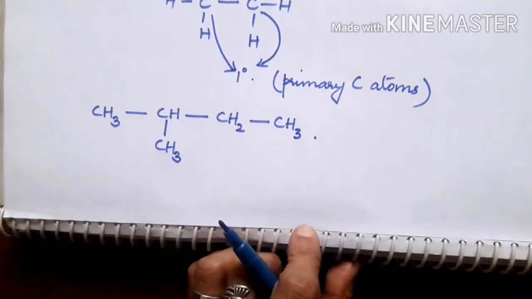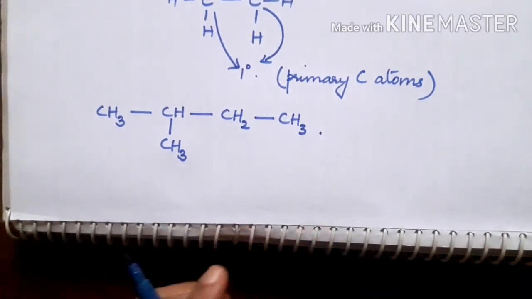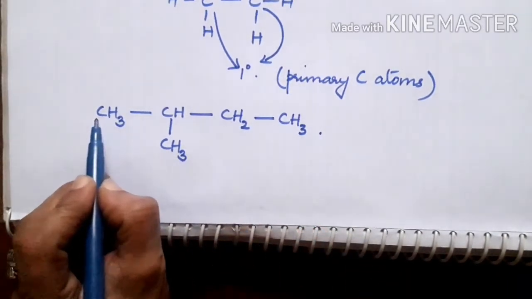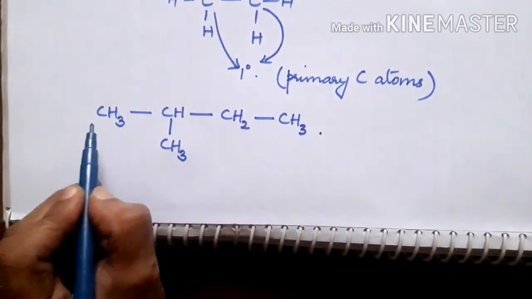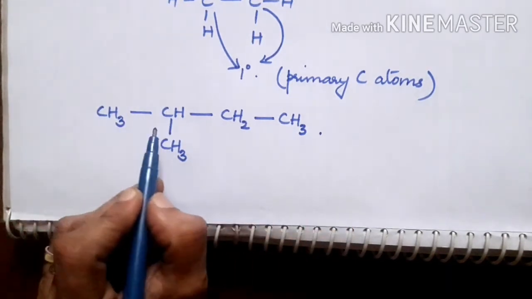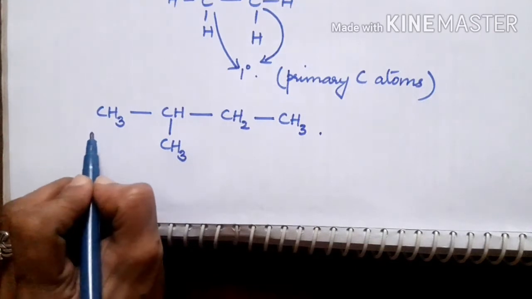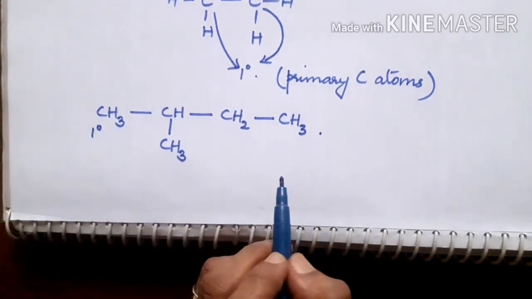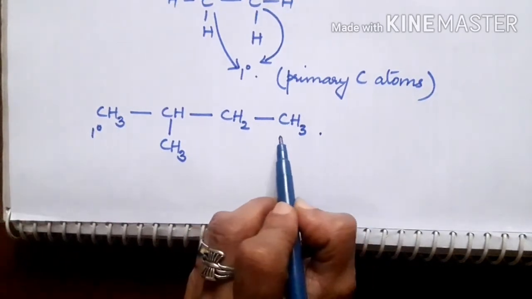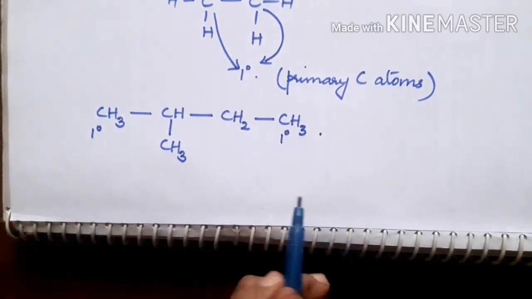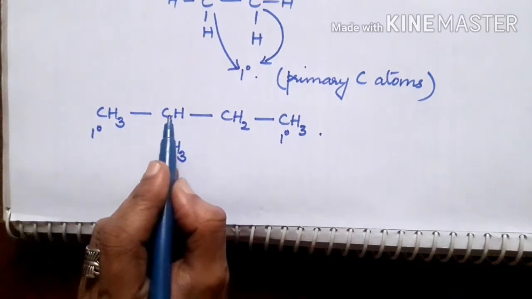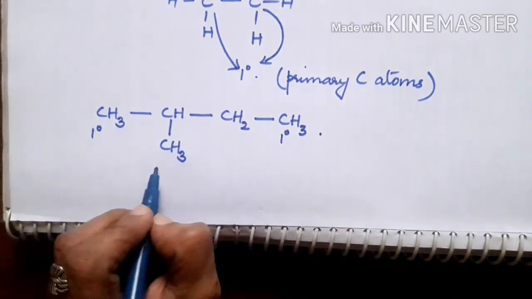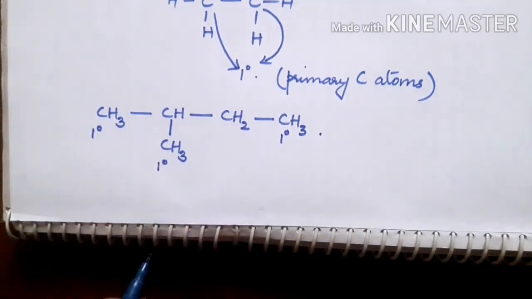On analysis of these carbon atoms, you find that the rear carbon atoms are attached to only one more carbon atom. So such a carbon is said to be primary carbon atom. So this is primary. Coming to the next end, we have primary carbon atom. This carbon in turn is attached to only one more carbon. So that is also primary carbon atom.